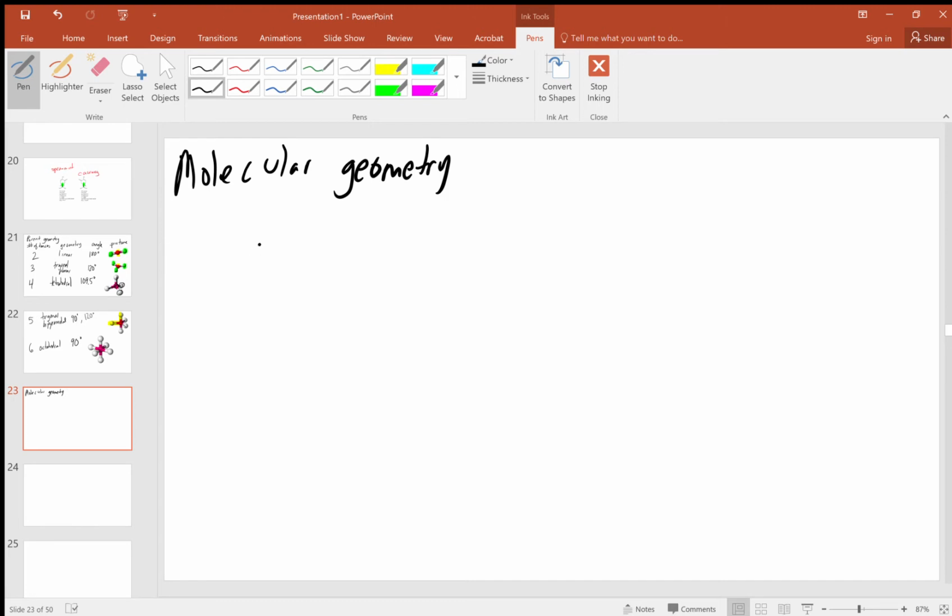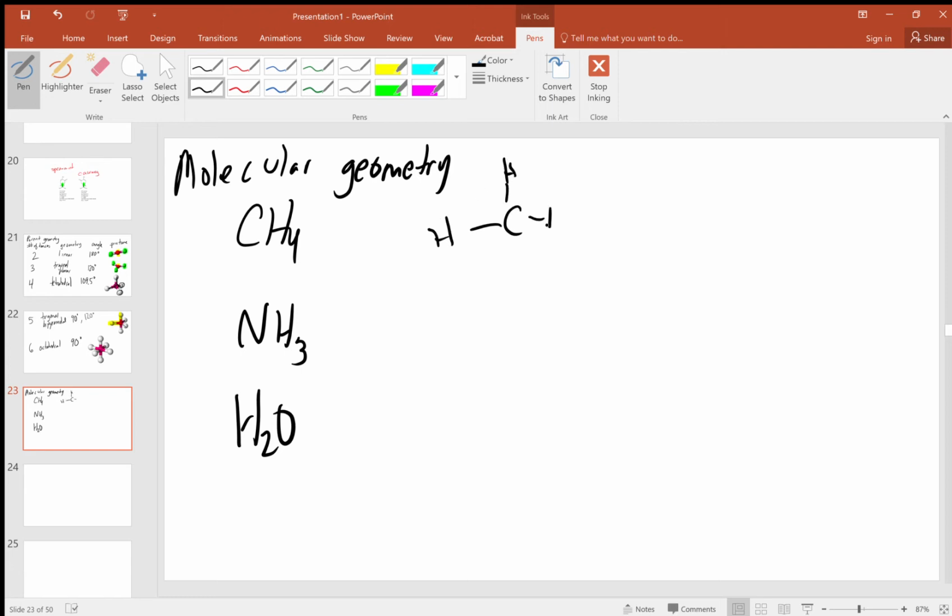And so maybe the best example to start with is we could look at CH4 versus ammonia versus water. And we can draw all of those out. Now, if drawing out Lewis structures at this point isn't very straightforward, then that's something you're going to want to go back and spend some more time on.